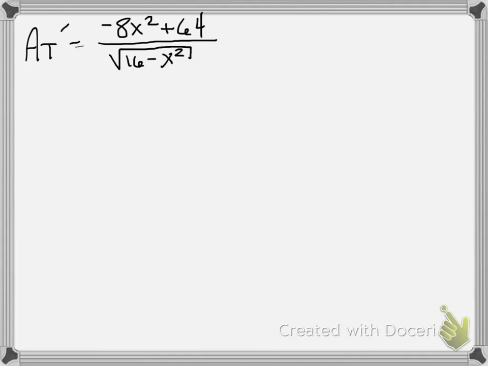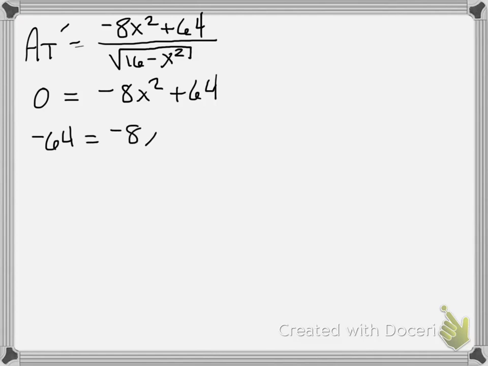So now just set that equal to 0, and so long as the top is 0, that's going to give us our 0. So really just got to worry about the top. Minus 64. So we're going to have negative 64 is equal to negative 8x squared.